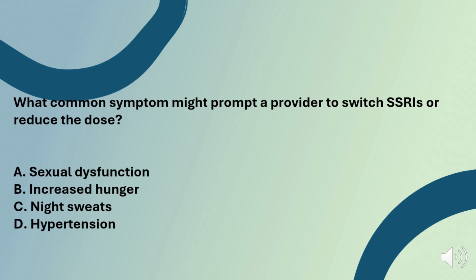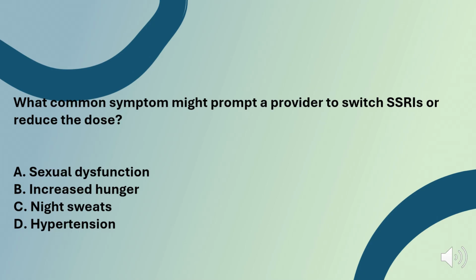What common symptom might prompt a provider to switch SSRIs or reduce the dose? A, sexual dysfunction. B, increased hunger. C, night sweats. D, hypertension. So what common symptom might prompt a provider to switch SSRIs or reduce the dose?